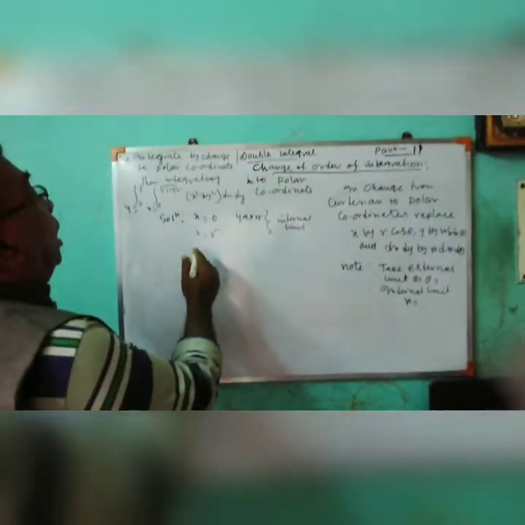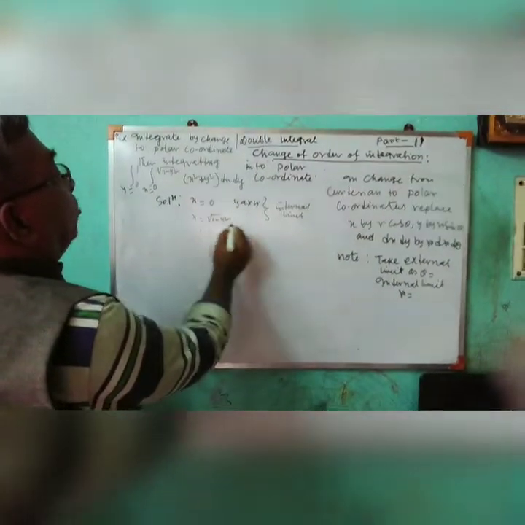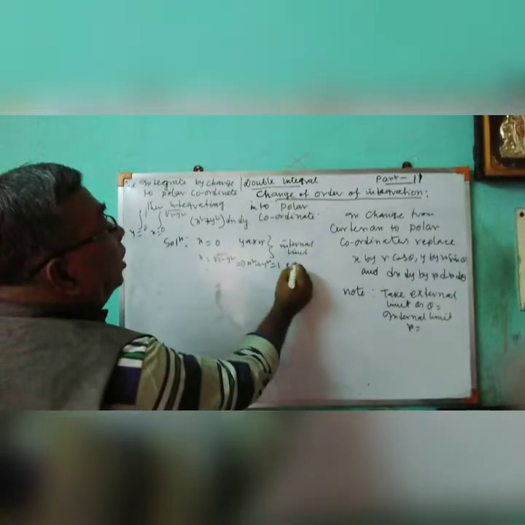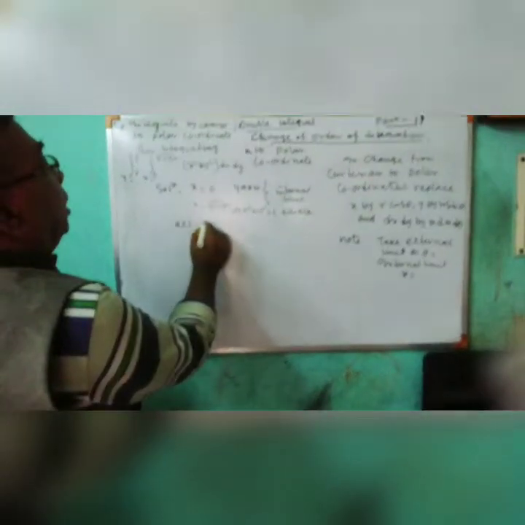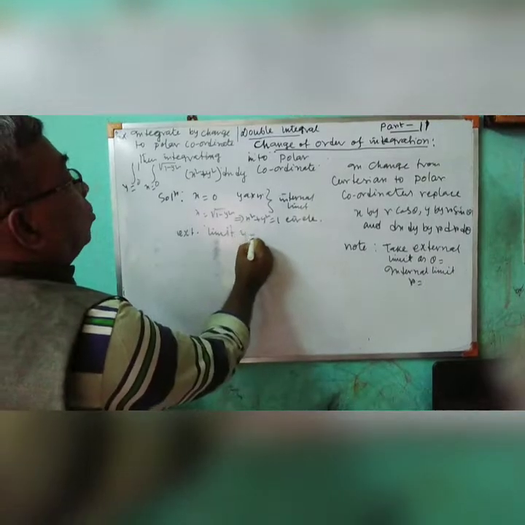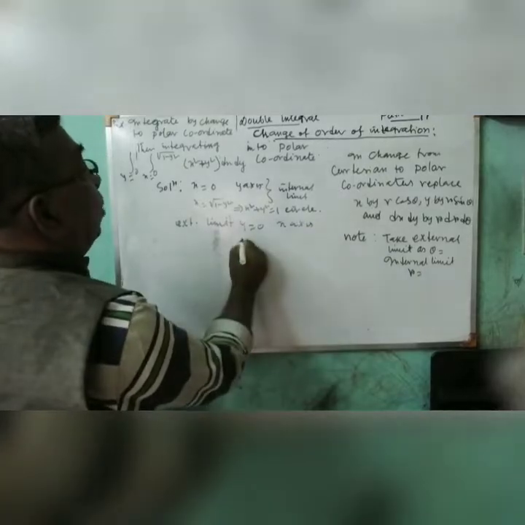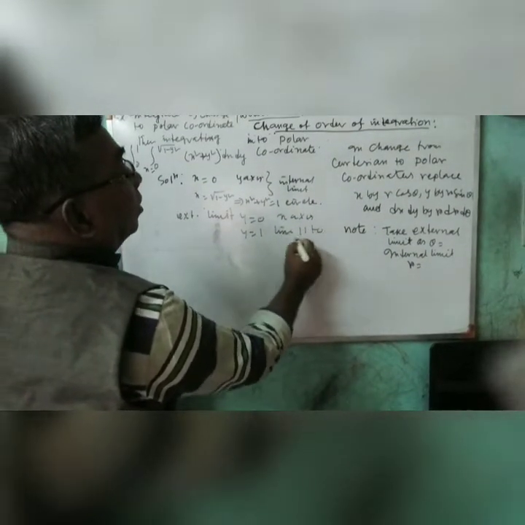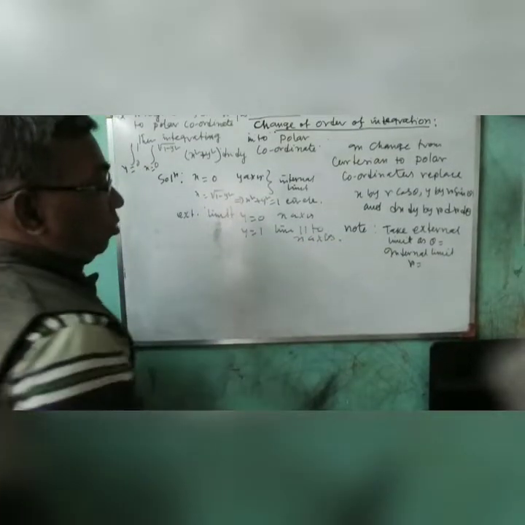Now x equal to root of 1 minus y square becomes x square plus y square equal to 1. This is a circle equation. Now the external limit is y equal to 0, which means the x axis, and y equal to 1, a line parallel to the x axis.